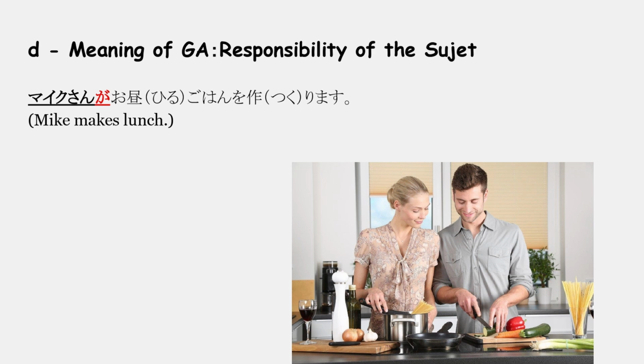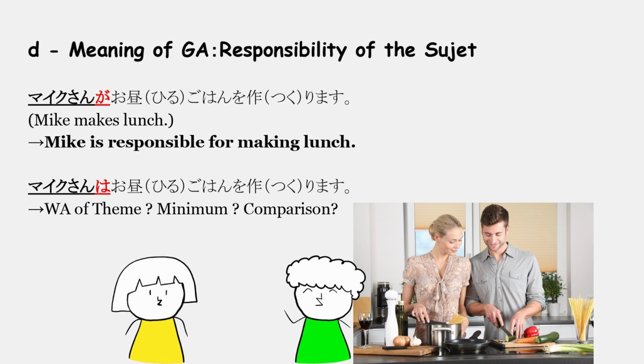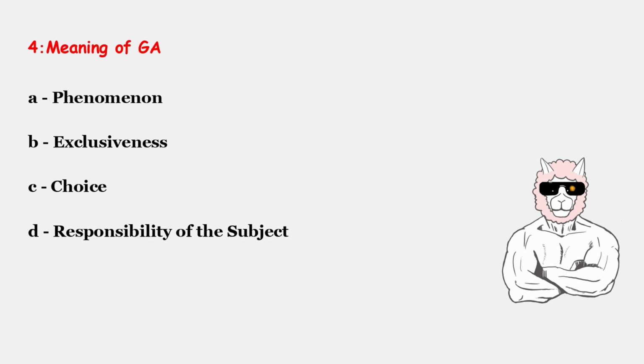Here, with ga, there is a responsibility of the subject, so Mike is responsible for making lunch. But if we say, マイクさんはお昼ご飯を作ります, it means one of same or minimum or of comparison. Without context, we don't know. Is it clear?